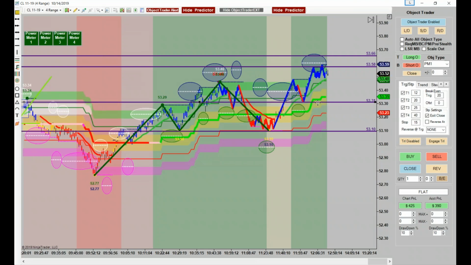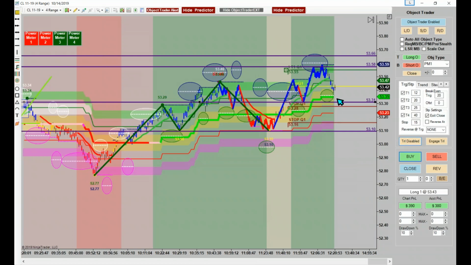All right, let's draw on our chart. Identified swing, right? High, low, higher high. Should not take this out if we're going to head back up. What says the team? It's bouncing off the predictor.